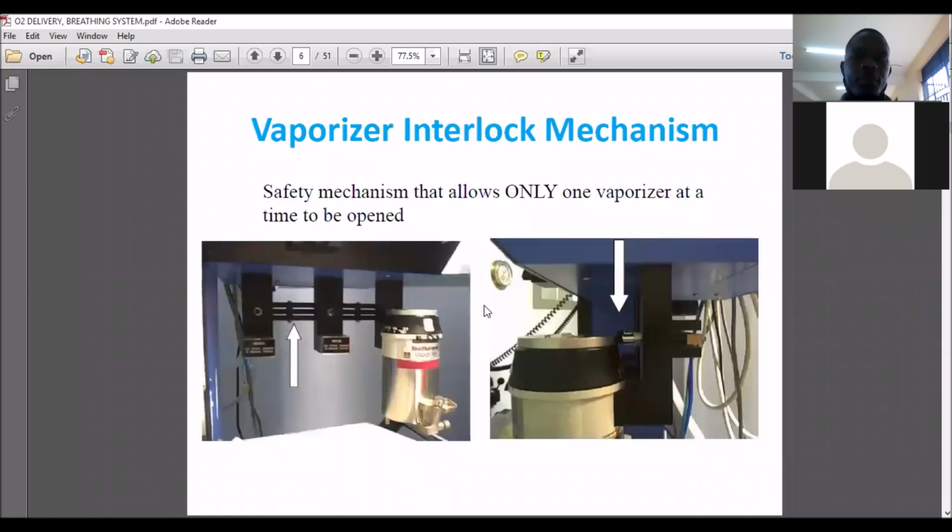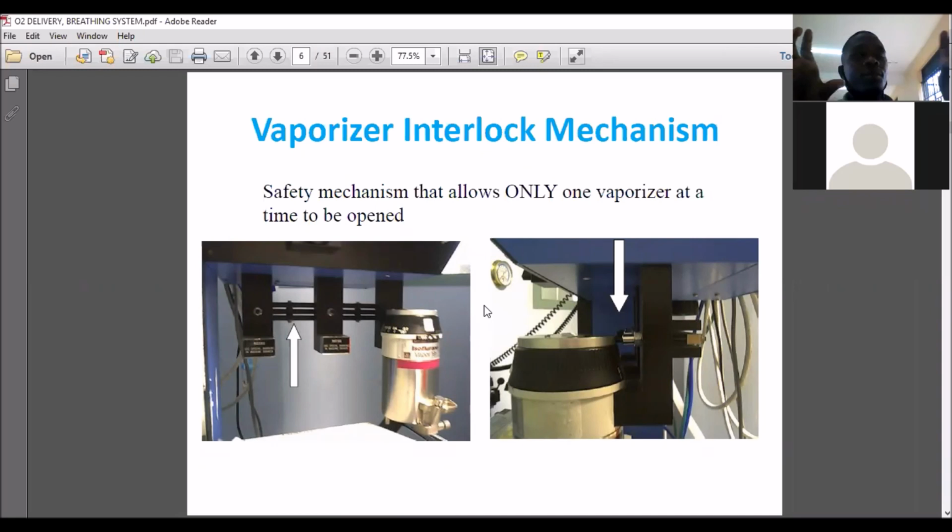Okay. So we have a vaporizer interlock mechanism. You know that with this anesthetic agent, sometimes you find that you have like 3 anesthetic vaporizers connected to the same machine. If the vaporizer interlock mechanism is not there, you can accidentally give a patient two anesthetic agents unknowingly.